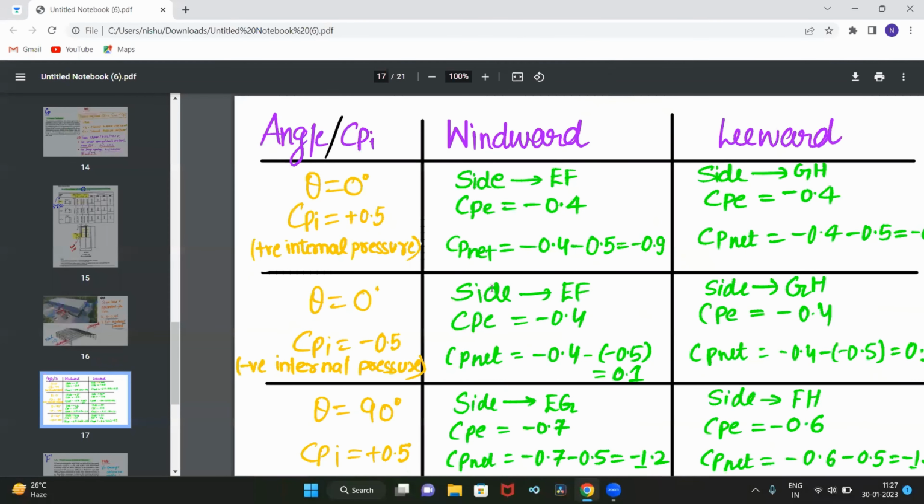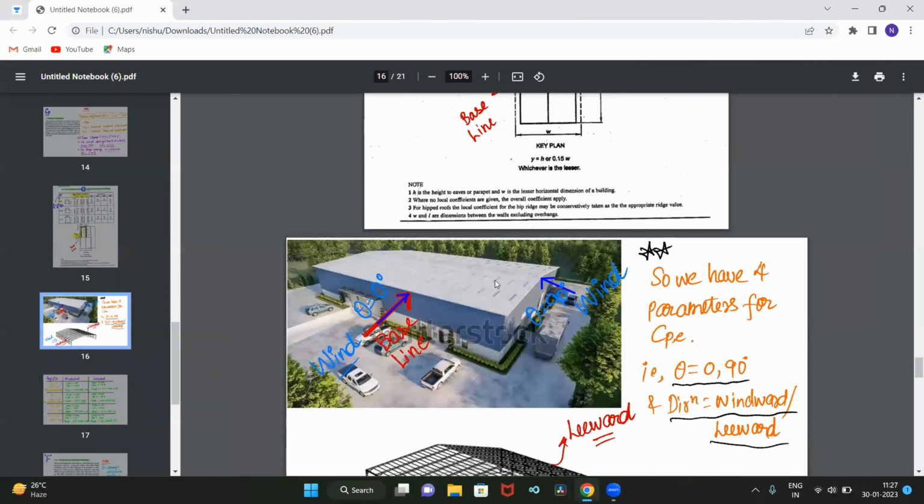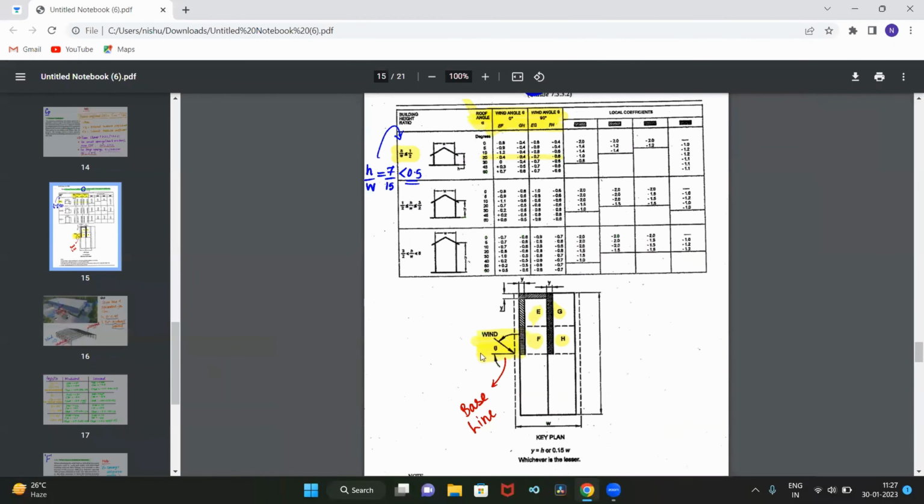So if you can see from this table, this is the baseline and this direction is the windward direction, that is EF is the windward direction for theta equals 0 degree. So in my case, if theta is 0 degree and windward direction is EF, the value of CP external is minus 0.4, and for leeward direction, that is GH, the value of CP external is again minus 0.4.